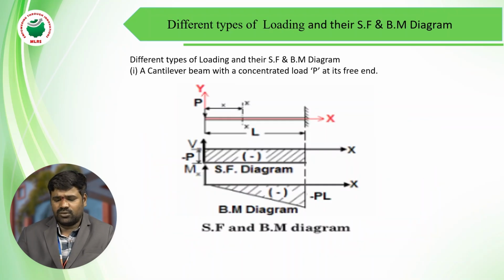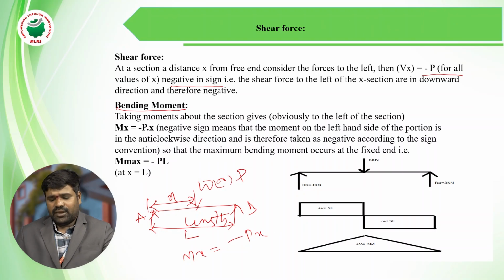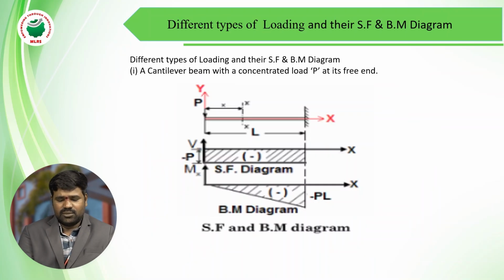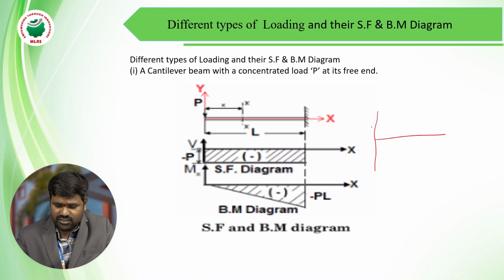See the different types of loading and the shear force and bending moment diagrams. Observe it. This is point load, shear force and bending moment diagrams. Cantilever beam with a concentrated point load at its free end. You can take a cantilever beam, one side fixed, another side free. It is called cantilever beam.